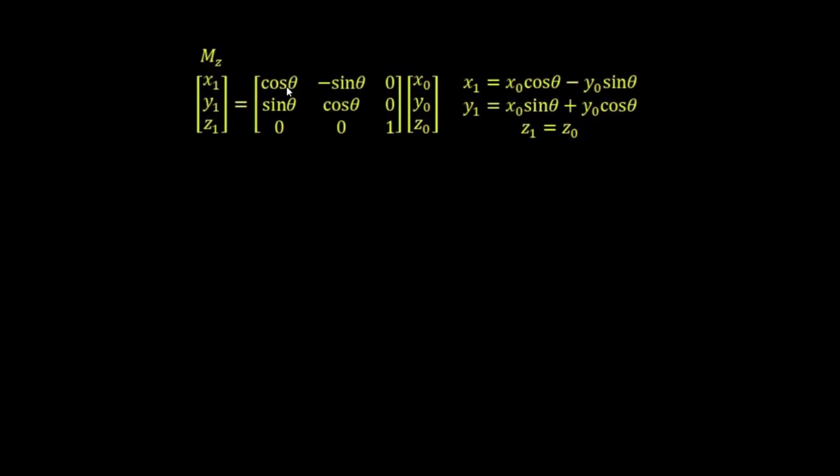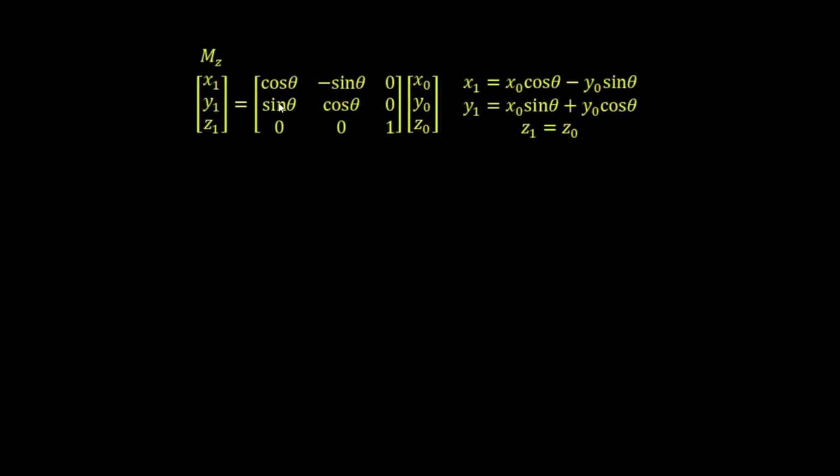The best way to see this is to actually just multiply out the matrices. Remember, we multiply the first row by the column, the second row by the column, and the third row by the column. The first row is cos theta times x0, so that's x0 cos theta, minus sine theta times y0, so that's minus y0 sine theta, and that gives us the value of x1.